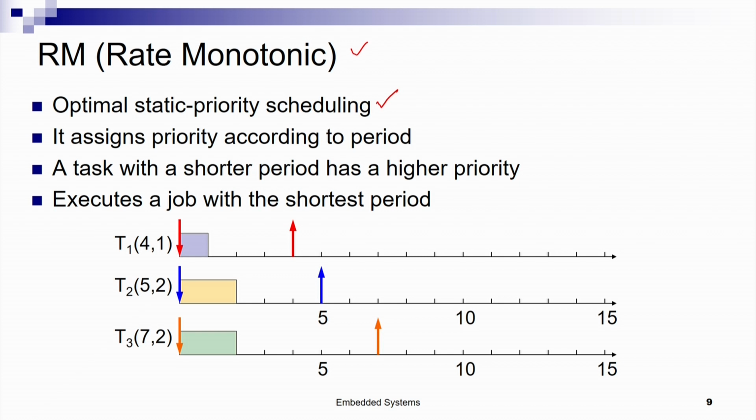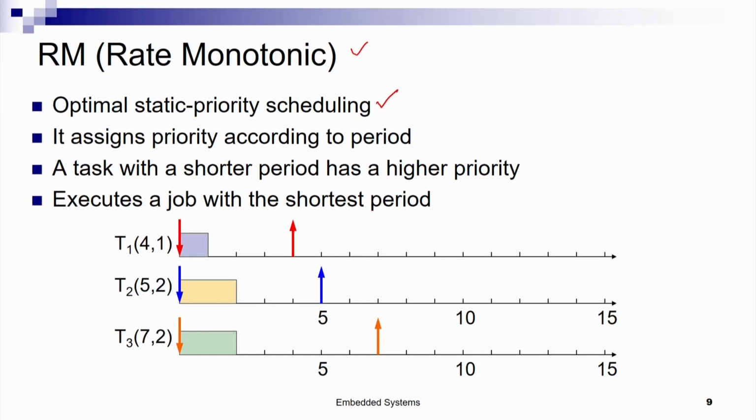Why is RM an optimal scheduling algorithm? Because if there exists any static priority scheduling algorithm that can execute a task set feasibly meeting all deadlines on a uniprocessor system, then rate monotonic, the RM algorithm, can also schedule it. So, it at least schedules all task sets that any other scheduling algorithm can execute, hence it is optimal.